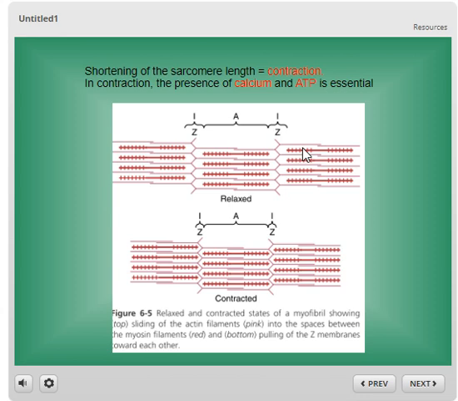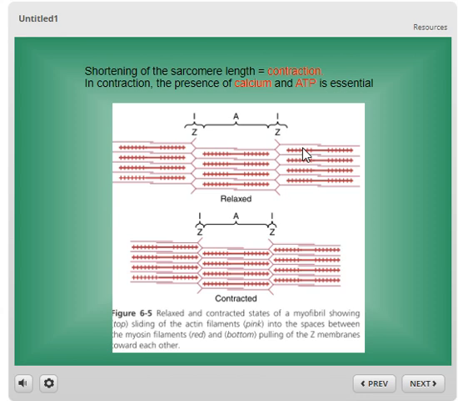It provides the energy needed for the myosin heads to detach from actin after a power stroke, and it is also necessary for the recocking of the myosin heads, preparing them for the next cycle of contraction. Without ATP, myosin heads cannot release from actin, leading to a state of rigor, or rigor mortis.